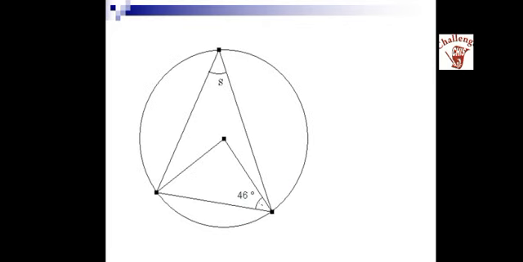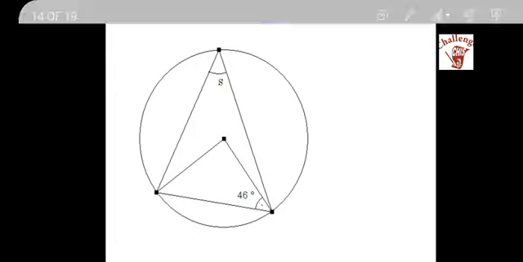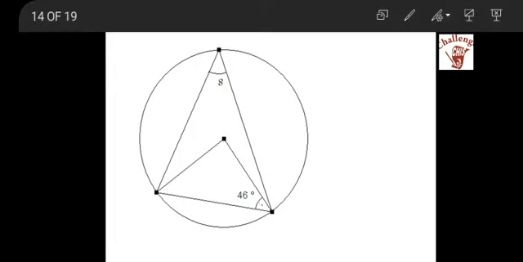Also, this one, I'm going to solve, so maybe it's going to be easier for you. Okay, here we have S. We are going to find the value of X, and we have this angle equal to 46.